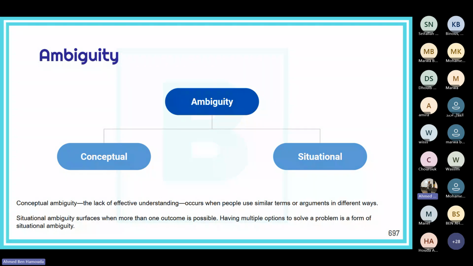A situational ambiguity is when we're exercising certain tasks or certain actions, but each time we're having a different outcome. So having multiple options to solve a problem is a form of situational ambiguity. Those are just some examples to clarify these terminologies a little bit.